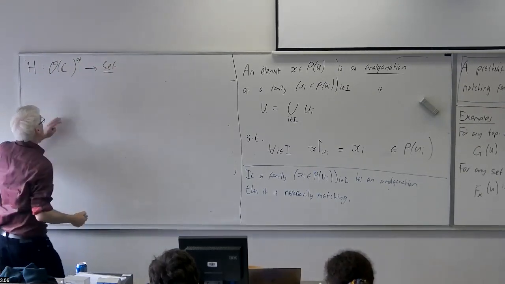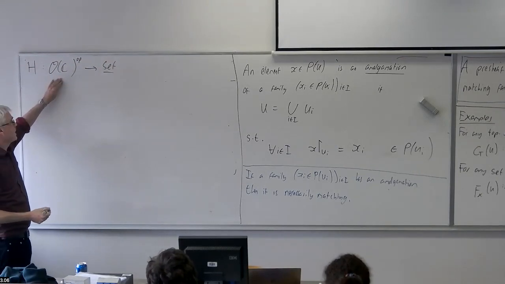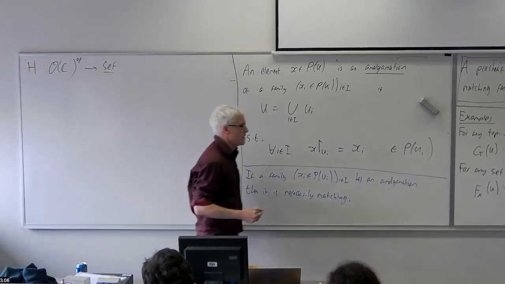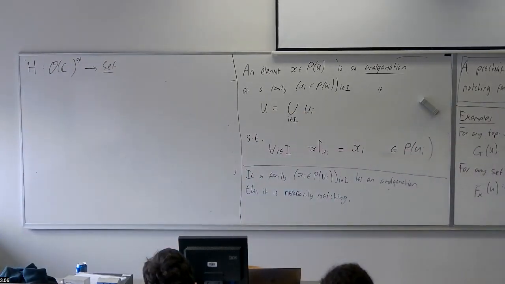So for every open subset of the complex plane, we're going to have a set of things, and that set of things is the set of complex valued holomorphic functions defined on U. So by the way, I hope everybody knows, holomorphic means differentiable in the complex analytic sense, and it's enough to be differentiable once and then you're differentiable infinitely many times.